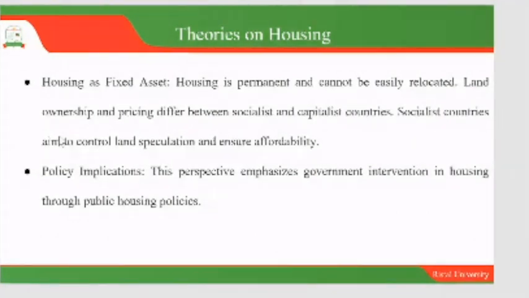So we need to take control of housing away from the rich and the companies and give it to the community. This therefore means making decisions together, sharing resources, and making sure everybody has a safe and affordable place to live in. That is how simply we can explain that particular theory of Marxism.